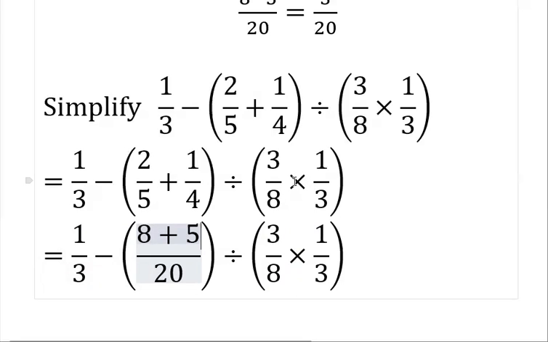Like we explained earlier, all you need to do is to multiply the numerators together and the denominators together, or if they can cut out, you can cut them out.